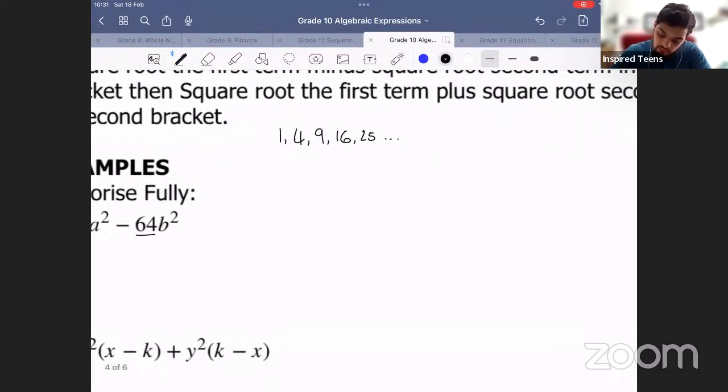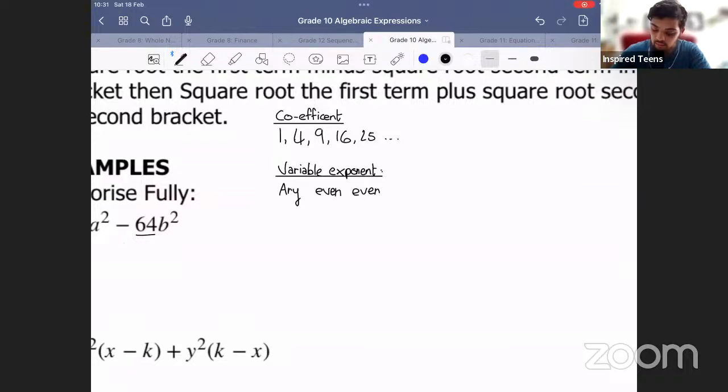So let's just say coefficient and the variable exponent, any even exponent, is a perfect square.